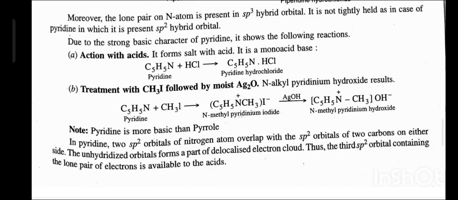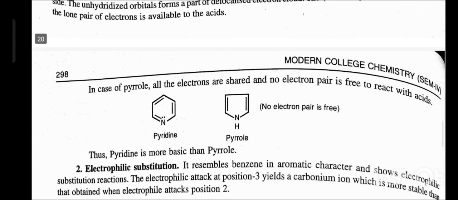In pyridine, 2 sp2 hybridized orbitals of the nitrogen atom overlap with sp2 orbitals of the 2 carbons on either side. The unhybridized orbital forms a part of the delocalized electron cloud. Thus, the third sp2 orbital containing the lone pair of electrons is available to the acid. In the case of pyrrole, all the electrons are shared and no electron pair is free to react with acid. Thus, pyridine is more basic than pyrrole.